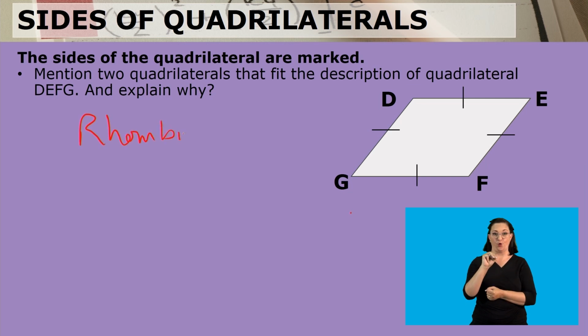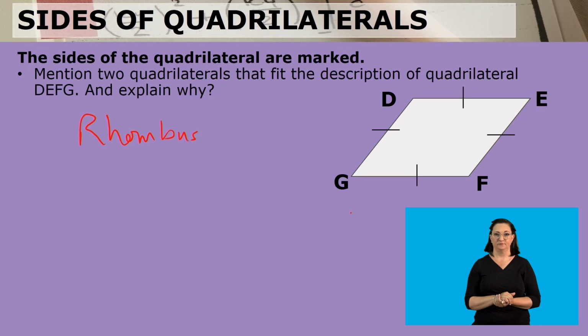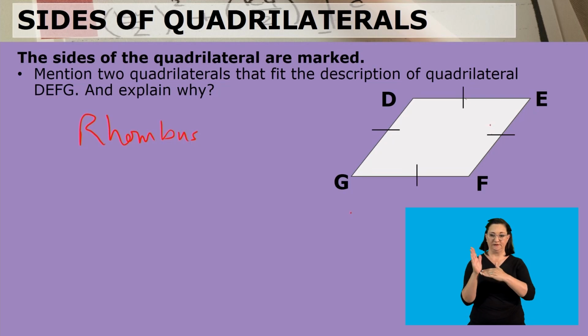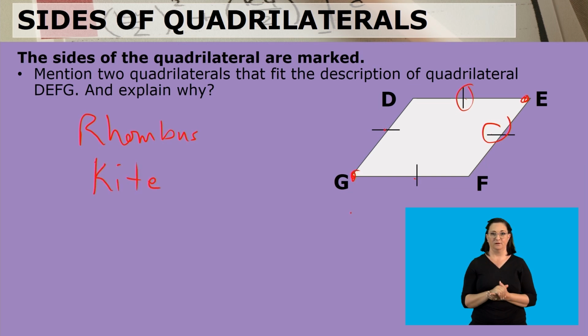That's part one. But then which other quadrilateral do you see in that diagram? I noticed that the adjacent sides are equal, and because they have the same marking and a vertex, and this side I also have equal markings and a vertex, so that would be a kite. And the question would be why?